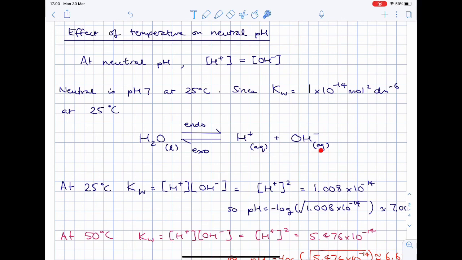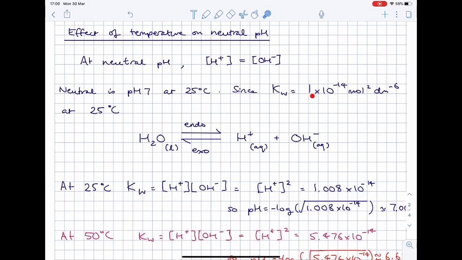The ionic product of water, which is H+ concentration times OH minus concentration, is the same as H+ concentration squared, because these two concentrations must be the same: every molecule ionized gives us equal numbers of each. So that gives us a value of 1.008 times 10 to the minus 14. It's not exactly 1 times 10 to the minus 14.